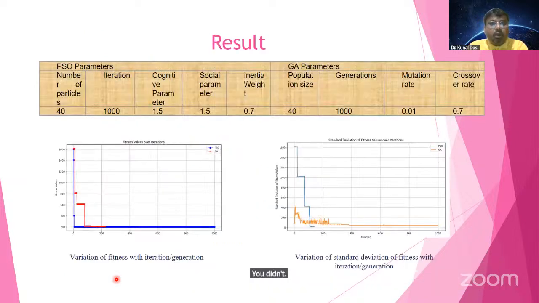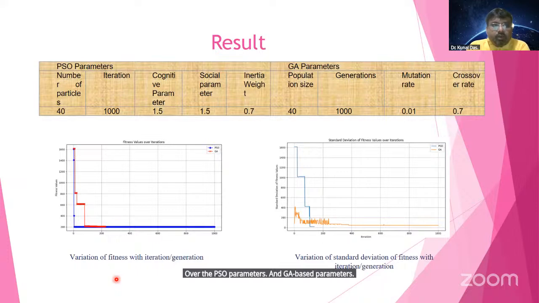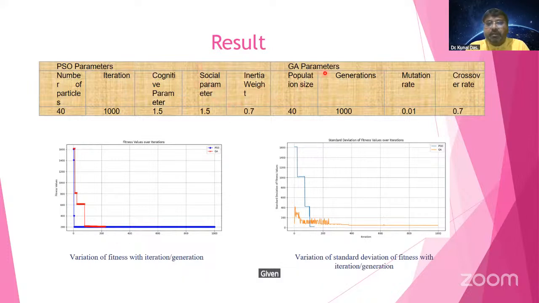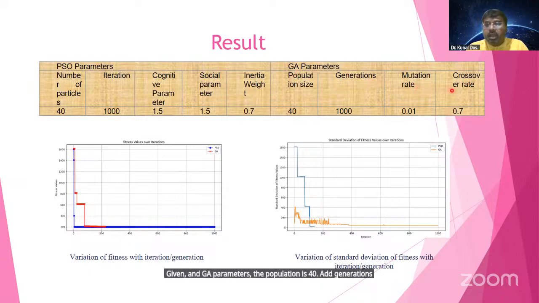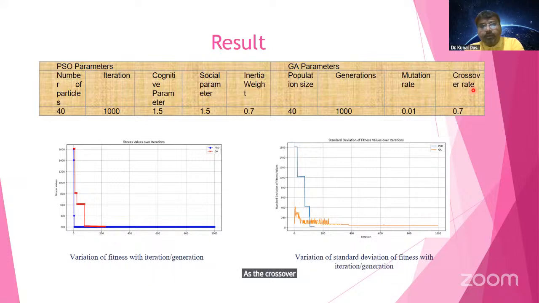Okay, so after running this over the PSO parameters and GA parameters, you can see the number of particles as 40, iterations we have done 1000 times, and the cognitive parameter and social parameter given. For GA parameters, the population is 40, and generations, mutation and crossover are given this way.